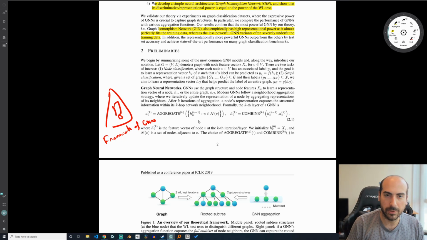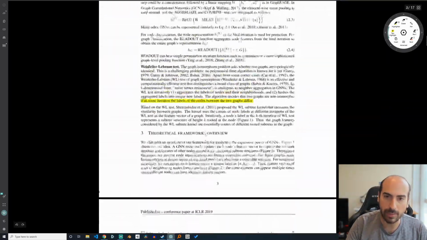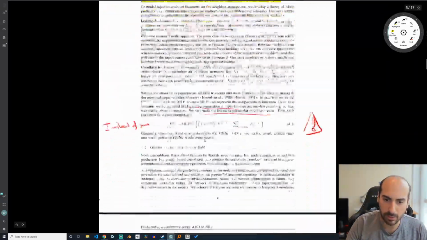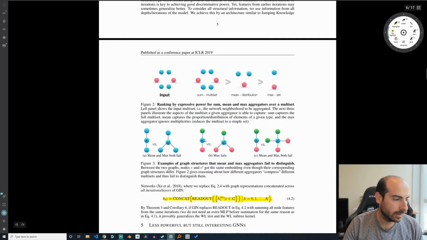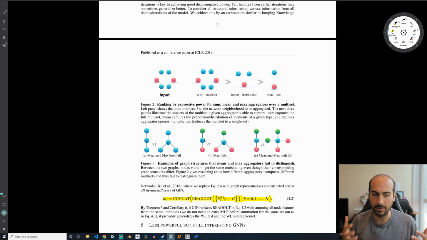What they do in this paper, instead of using a hard-coded pooling, is learn the best way to combine data via a multi-layer perceptron. They also show how, in general, the mean and max struggle to learn certain kinds of graph representations. And this is important, because how good your model is heavily depends on your ability to distinguish between two different graphs.